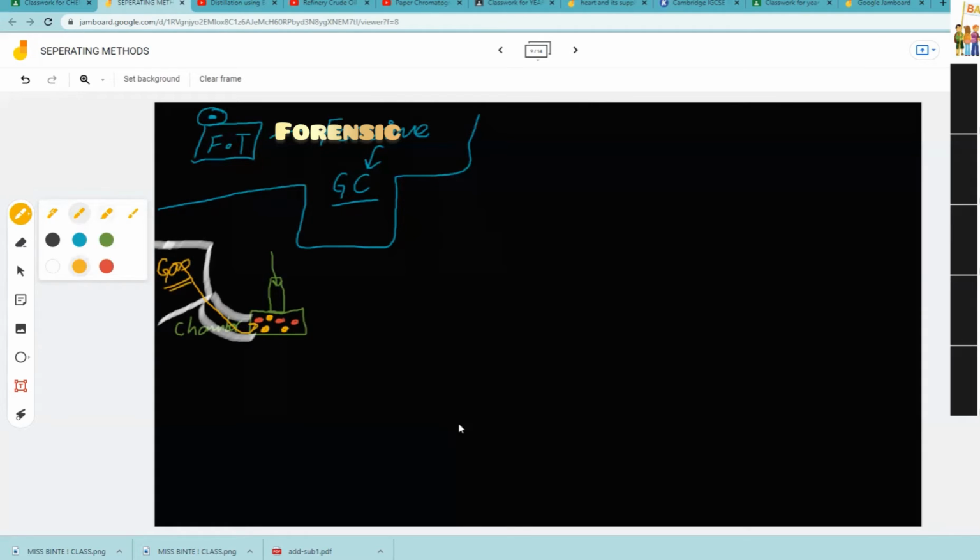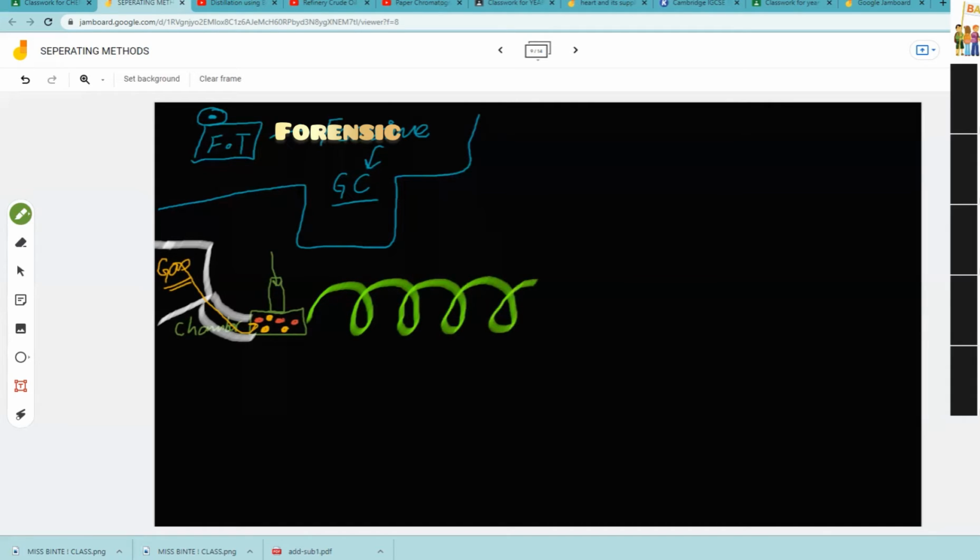Now this chamber is then connected to a coil structure like this. Make sense? Yes. And then this coil is attached to a detector here.